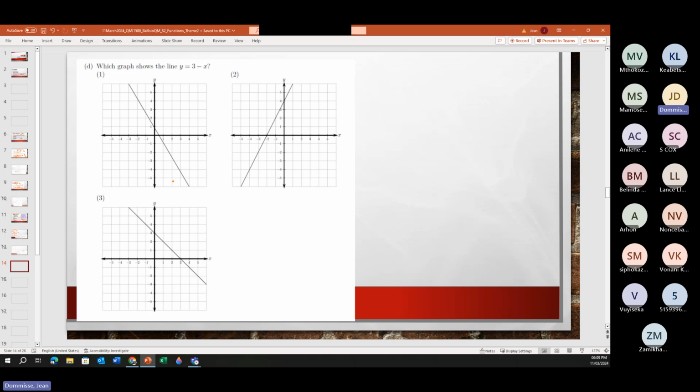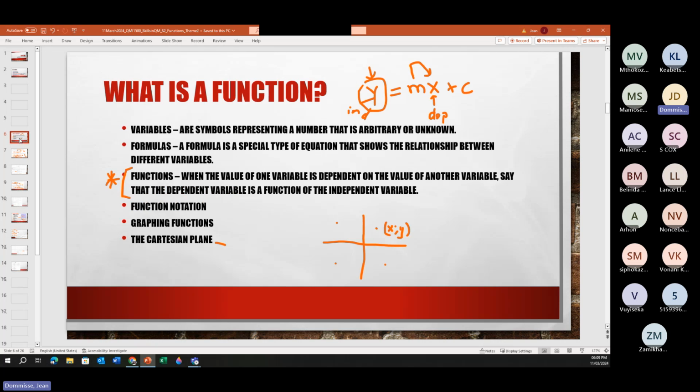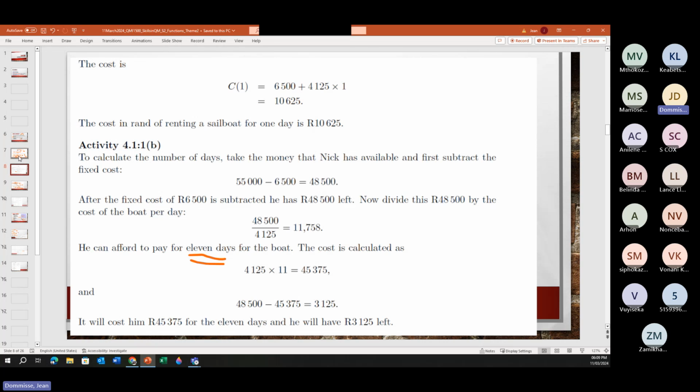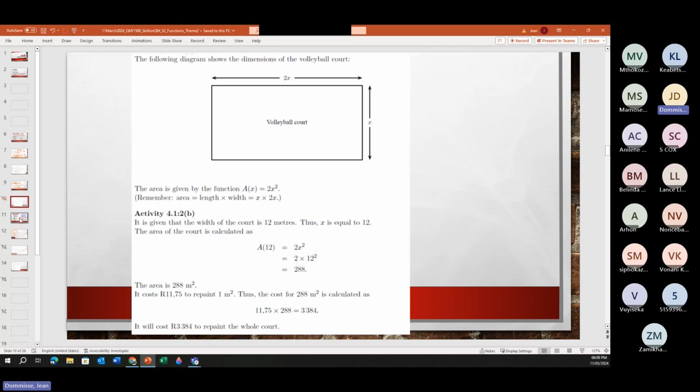Normally there are 4 options or 5 options, but here they give you the straight line and ask you which one of the following represents the graph. Let's just go back to the definition slide. Sorry, I just want to see where we did that.